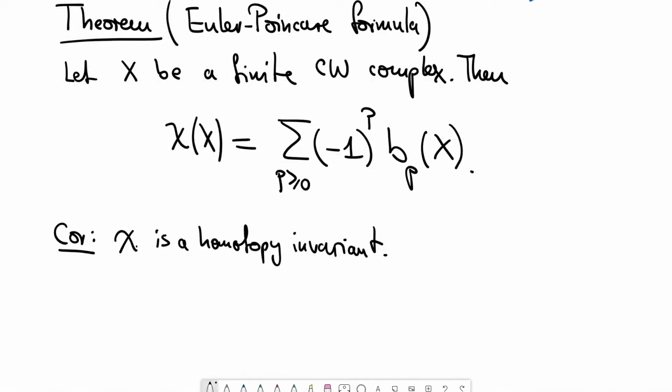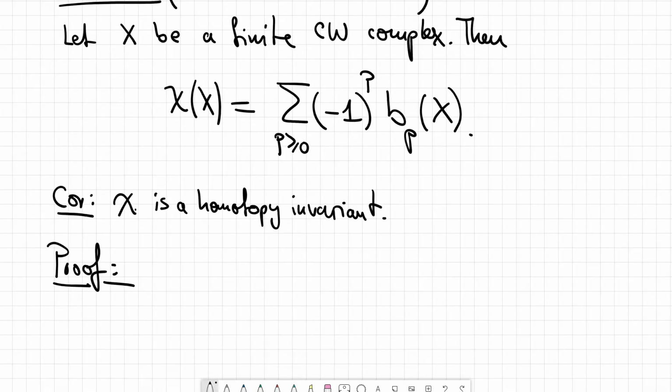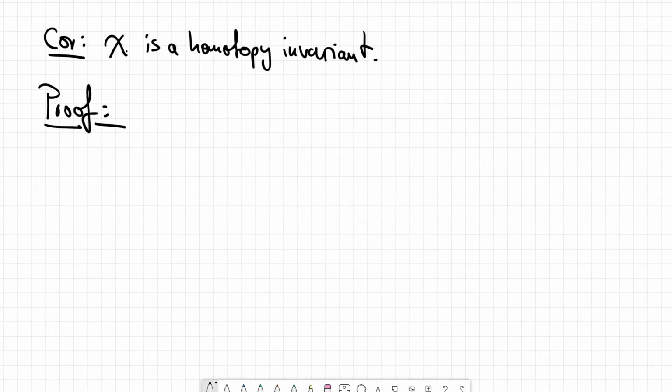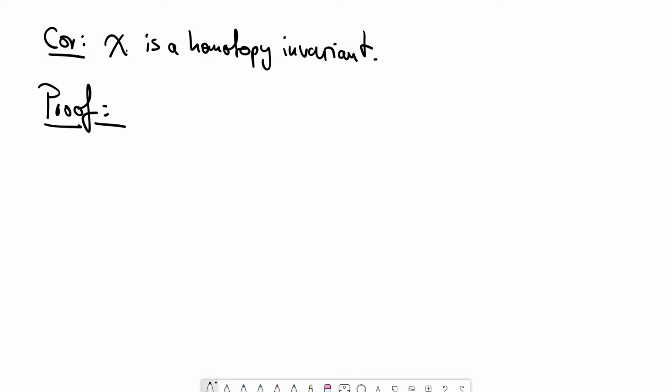We want to prove this theorem now by a technique called homological algebra, something that we will go into at a much deeper level later. So it's basically an algebraic manipulation of chain complexes that we have to do. The chain complex I want to manipulate is the cellular chain complex of my space. Let's just abbreviate this with C_*.